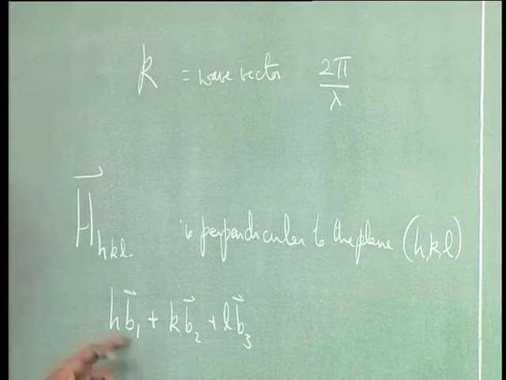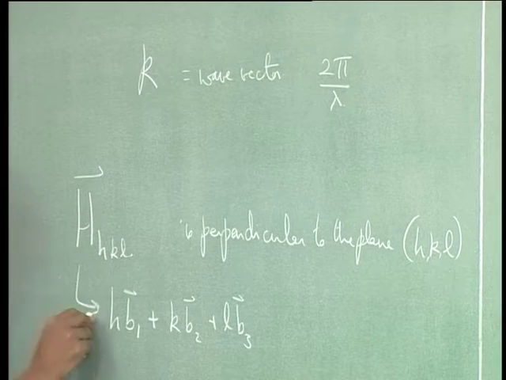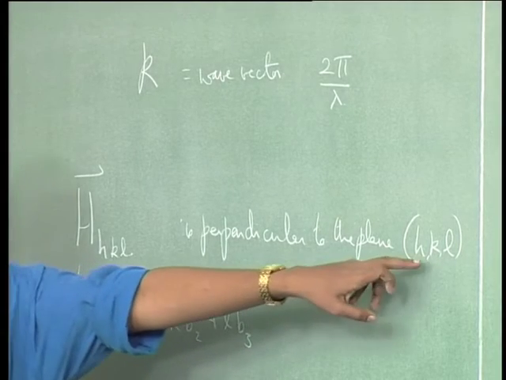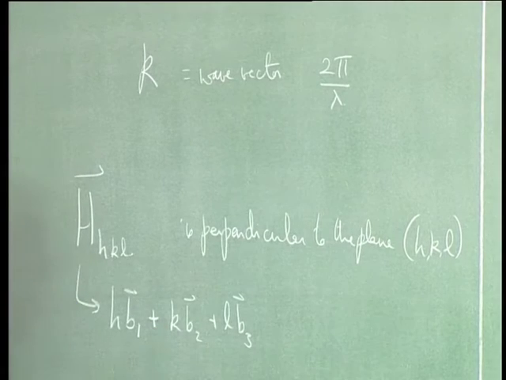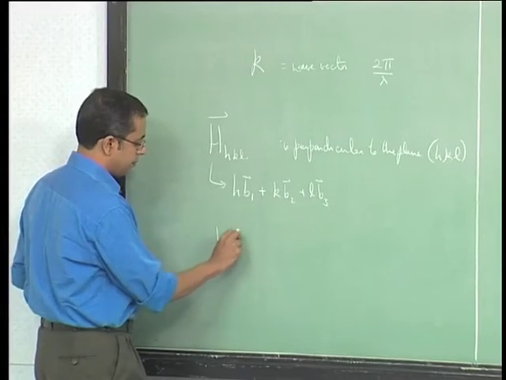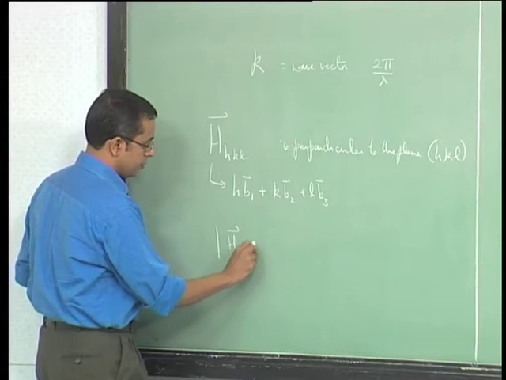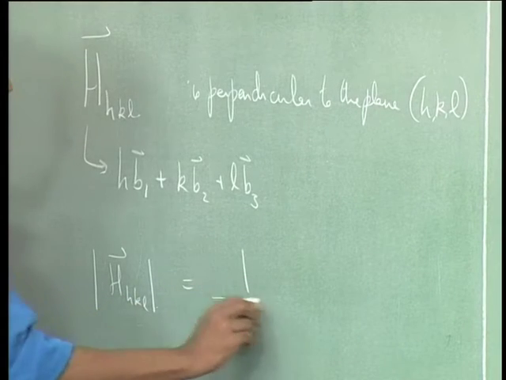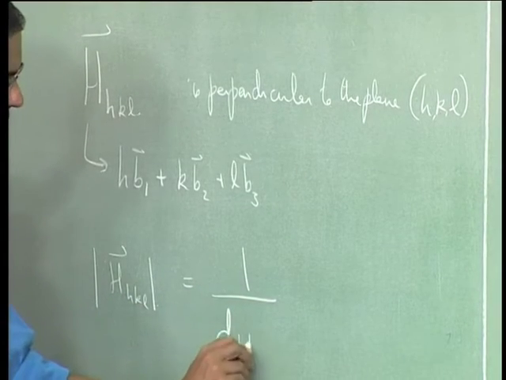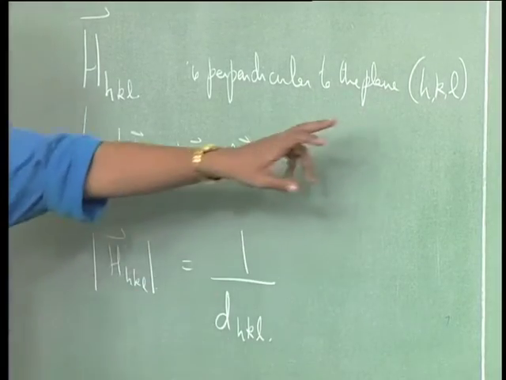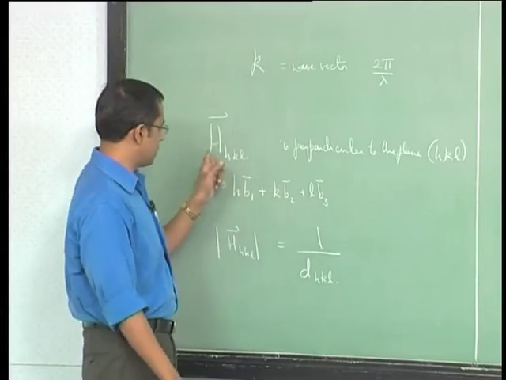So this is what the H_HKL is, and this vector is going to be perpendicular to the HKL plane in real space. And the modulus of H_HKL is simply 1 by d_HKL, the spacing between these planes.